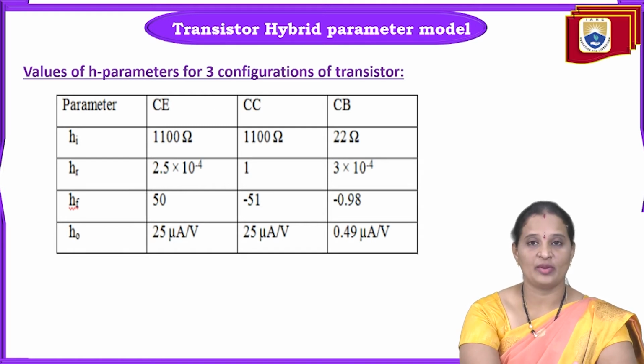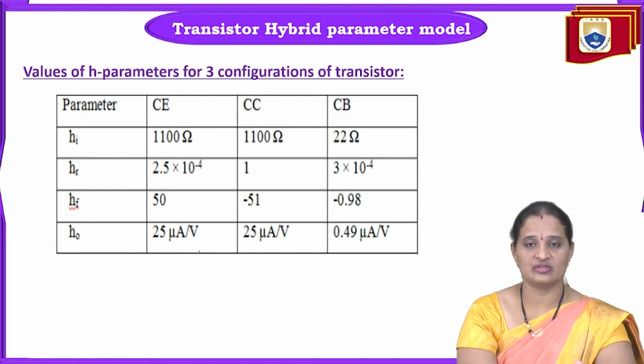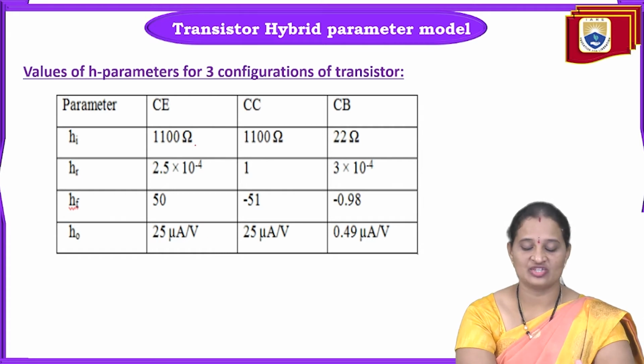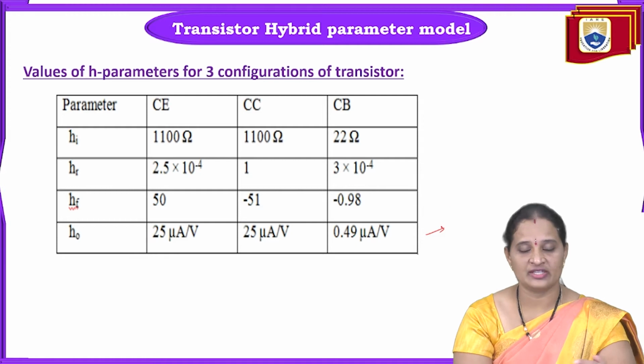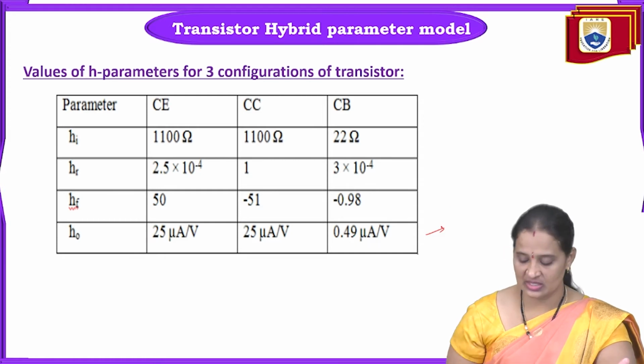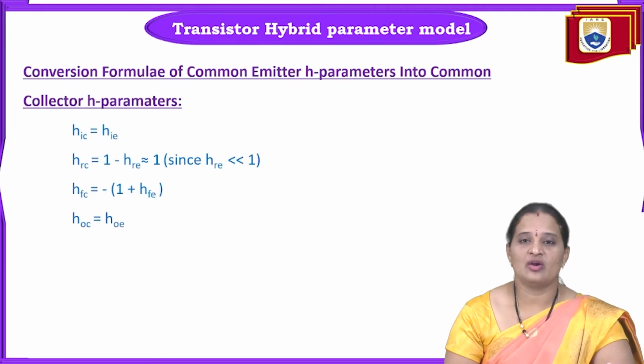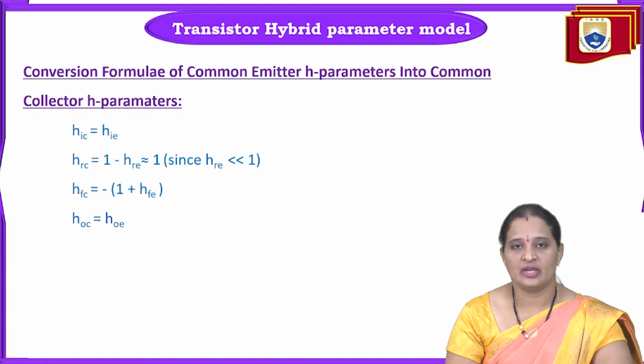For the common emitter configuration, HIE is 1100 ohms, and HR is 2.5 into 10 to the power of minus 4. Like that, we have various H parameter values for all three configurations. If the H parameters are not given, you can use these typical values. Now coming to the conversion formula. Here I am discussing only the conversion formula.